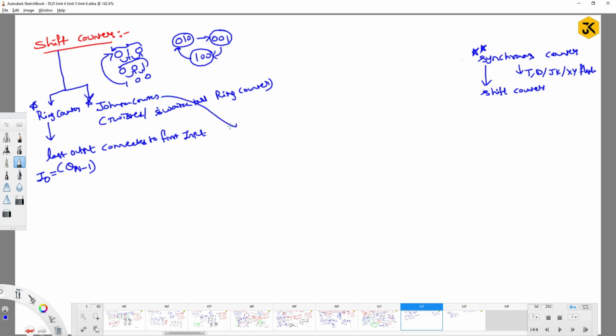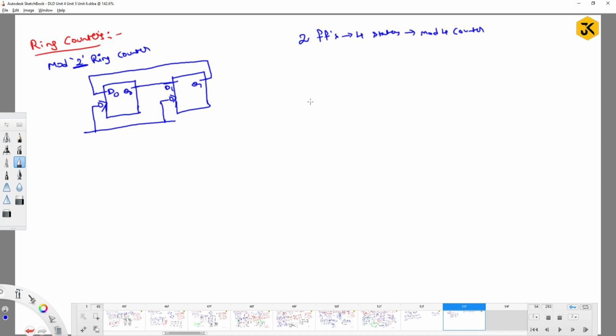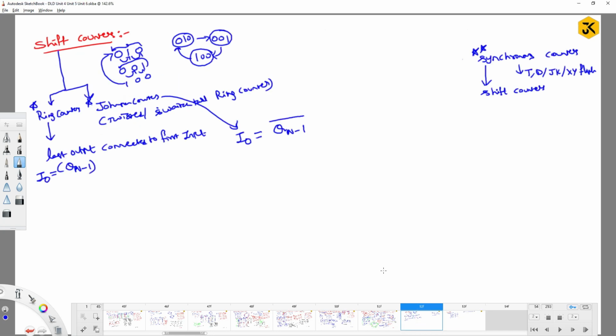Whereas coming to the Johnson counter, it is somewhat different. The first input is connected to the last output only, but that last output is not the actual output, it's a complement output. If you observe clearly, this is Q1 bar. If Q1 bar is connected to D0, then I can call it a Johnson counter.